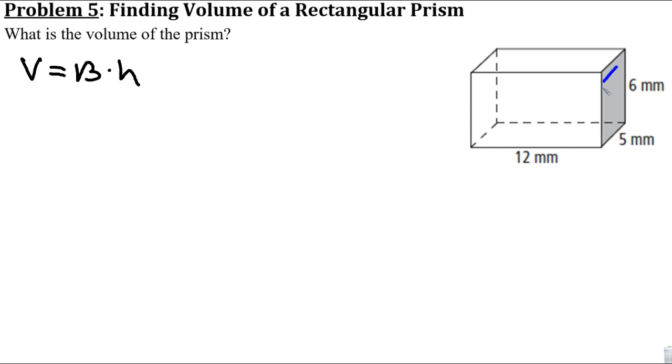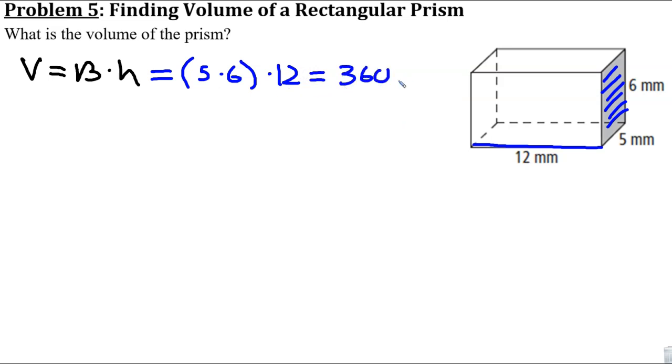So to find that area, we just go 5 times 6. So in other words, 30 for the area of the base on the right. And if I stack that up 12 times, if I multiply that by 12, that's going to give me the 3-dimensional measurement of the volume. So times 12, we get 360 millimeters to the third.